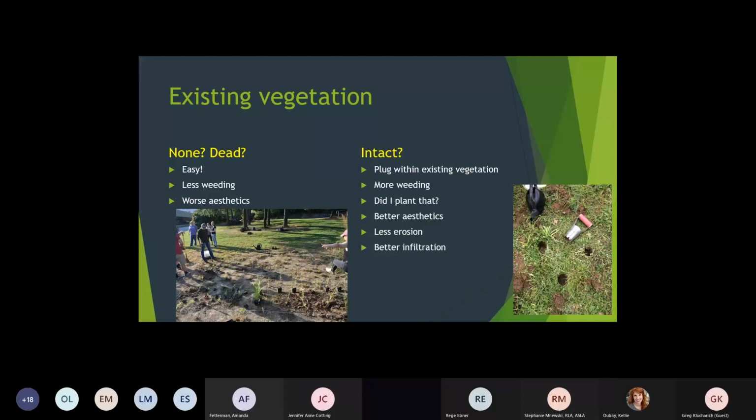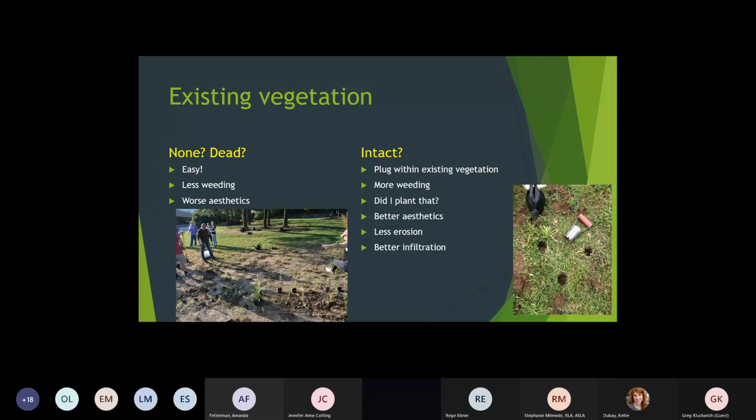So what I mean by that is, if you look in the lower right-hand corner, there's a little bulb planter. I used that to make holes in the existing turf grass, and I transplanted little pint-sized plants called plugs into those holes.